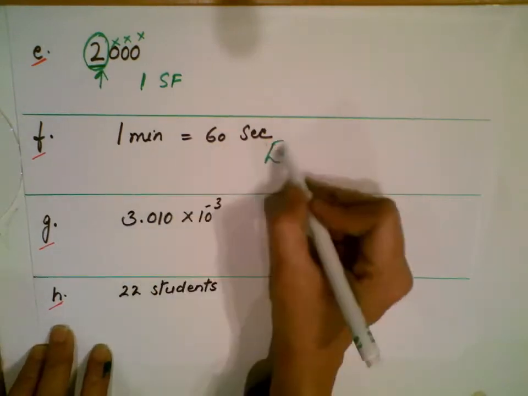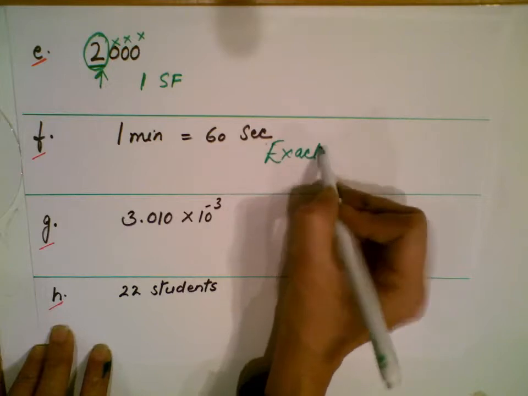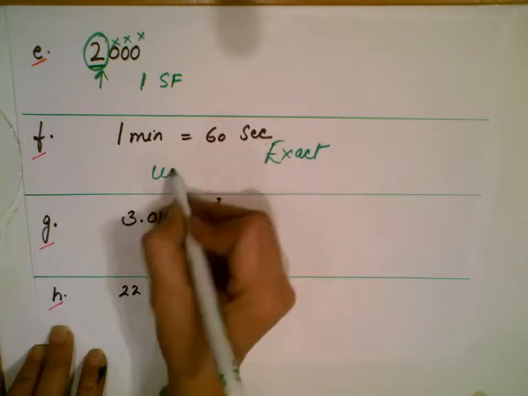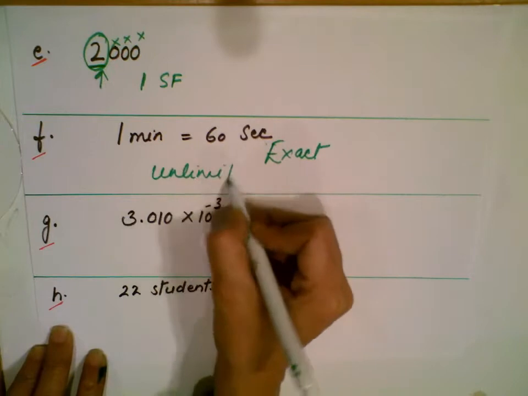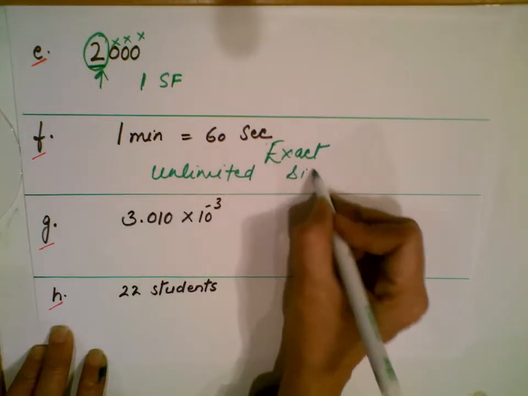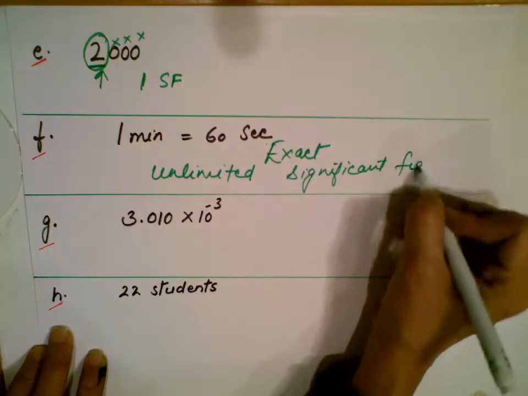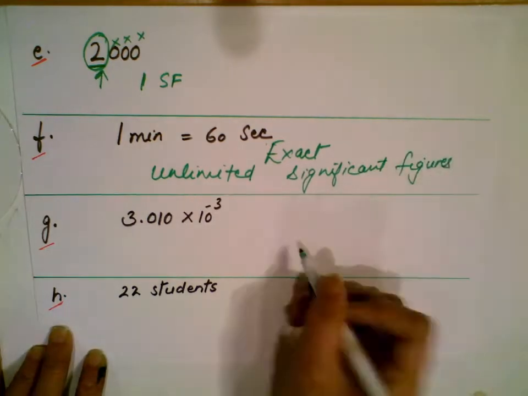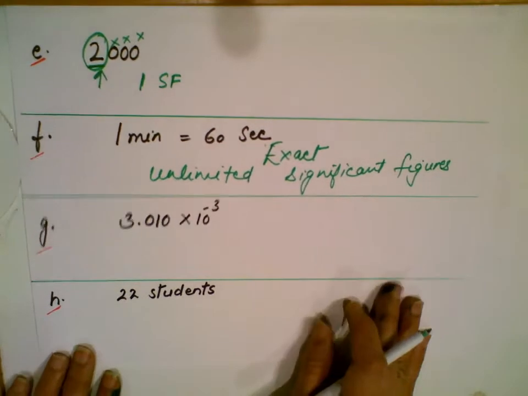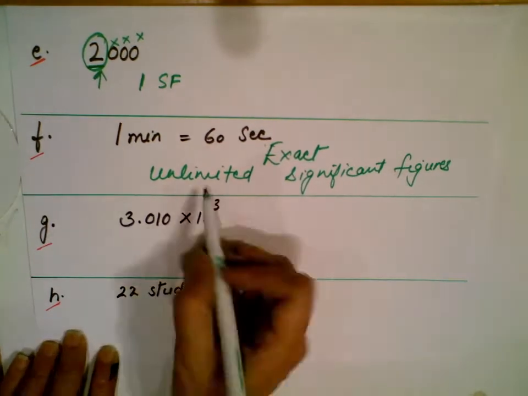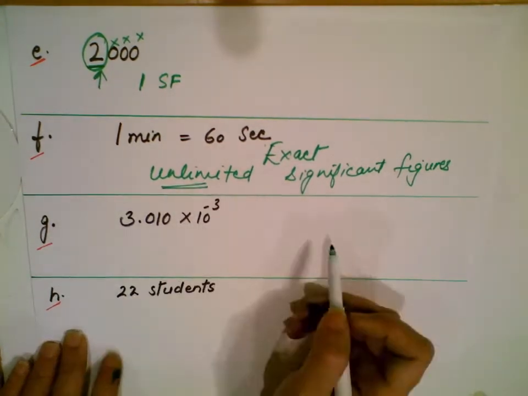This is exact, like an exact number. So this has unlimited significant figures. Okay guys, for exact numbers, exact counts, there is no limit for significant figures. That's why we say unlimited number of significant figures.